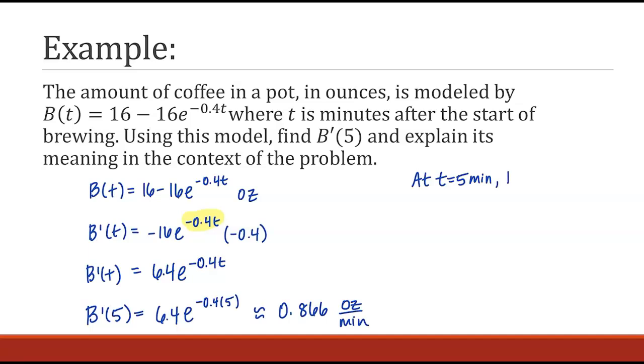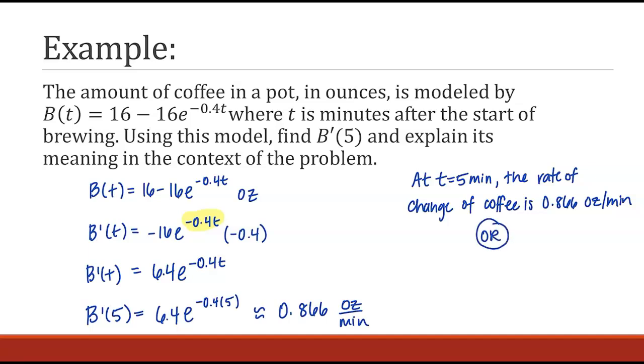5 minutes, the rate of change of coffee is 0.866 ounces per minute. Or we can say something that's a little bit more descriptive.